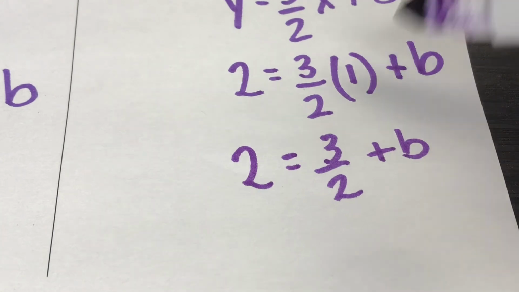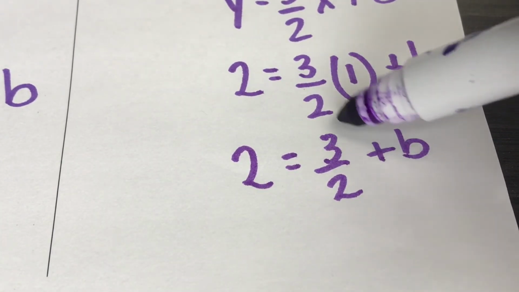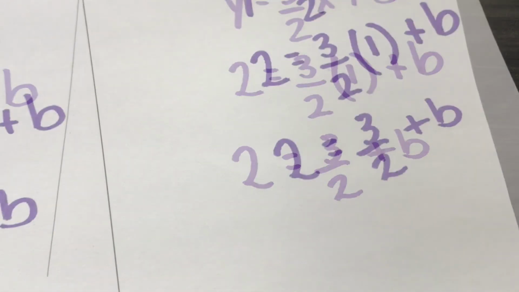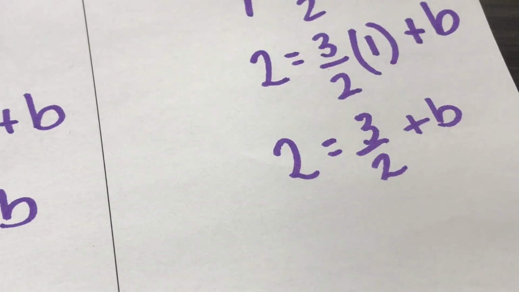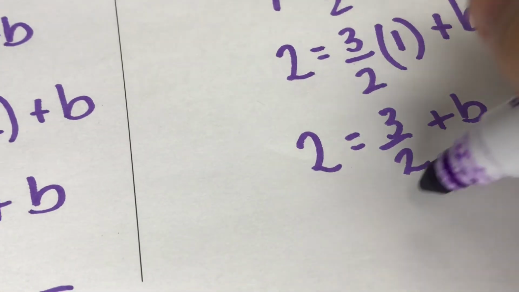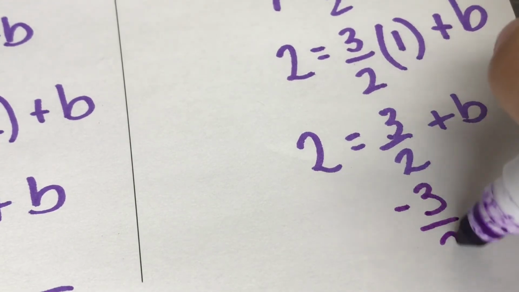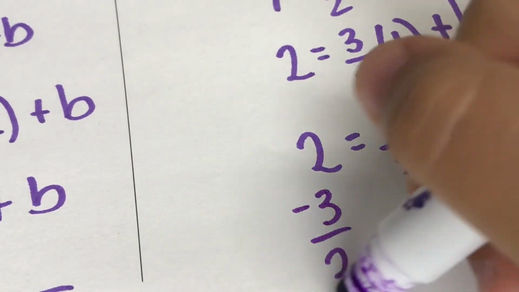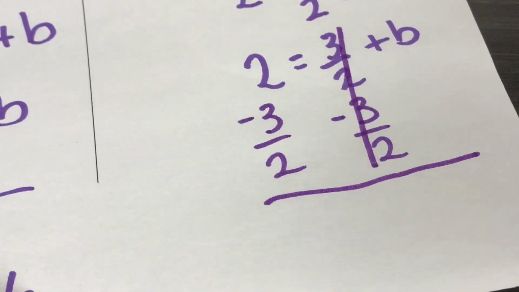Now we're thinking to get b all by itself, we have to move the positive 3/2. How would we move a positive? Well, remember, we're using our inverse operation to get b all by itself. The inverse operation of a positive 3/2 is subtracting 3/2 on both sides of the equal sign. It cancels on this side just like we'd like it to.